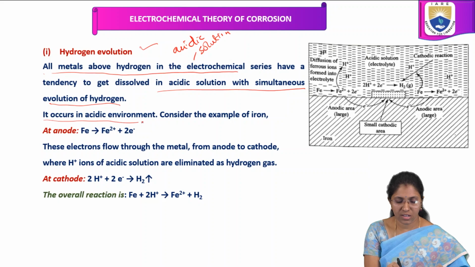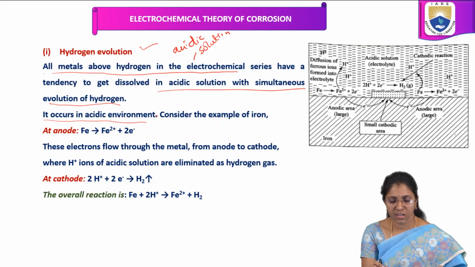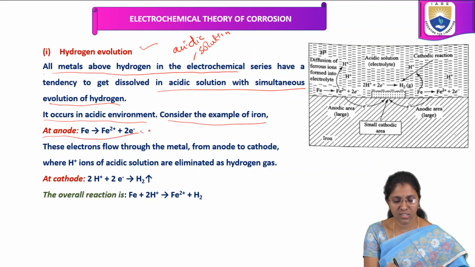It occurs in an acidic environment, and here also we take the rusting of iron as the example to explain hydrogen evolution. At the anode, oxidation takes place: iron is converted into Fe2+ and 2 electrons.